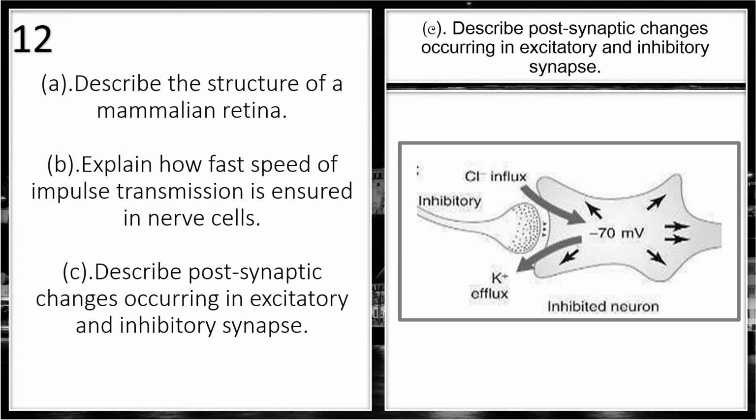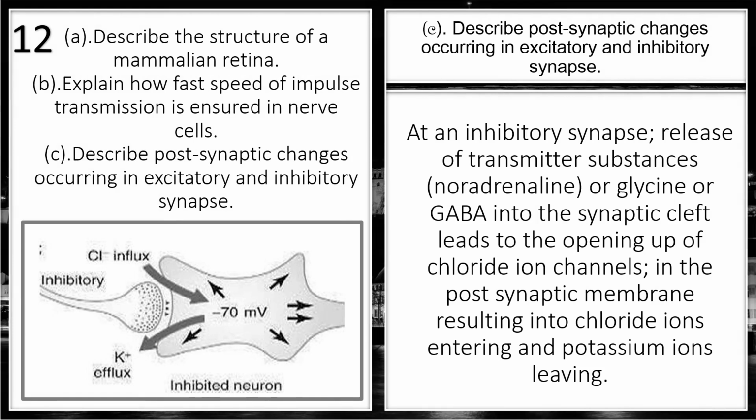Let's now look at the inhibitory synapse. At the inhibitory synapse, release of the transmitter substance, which is noradrenaline or glycine or GABA, into the synaptic cleft leads to the opening up of the chloride ion channels in the postsynaptic membrane, resulting in chloride ions entering and potassium ions leaving.